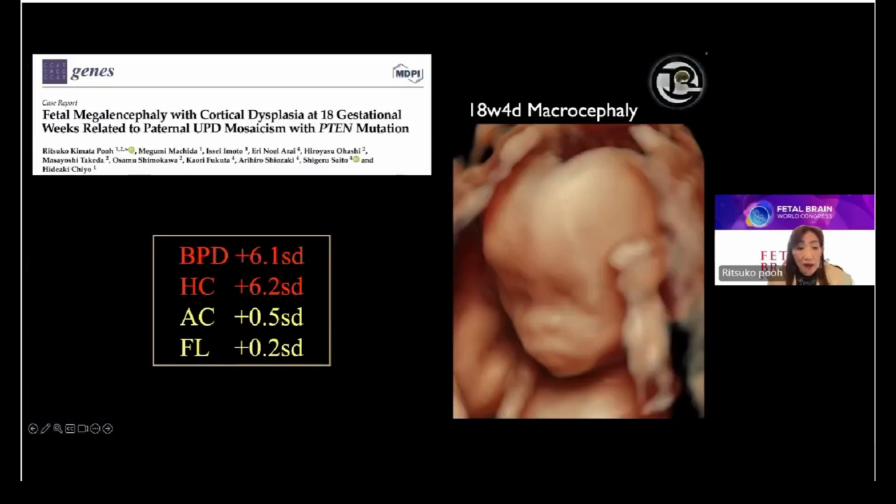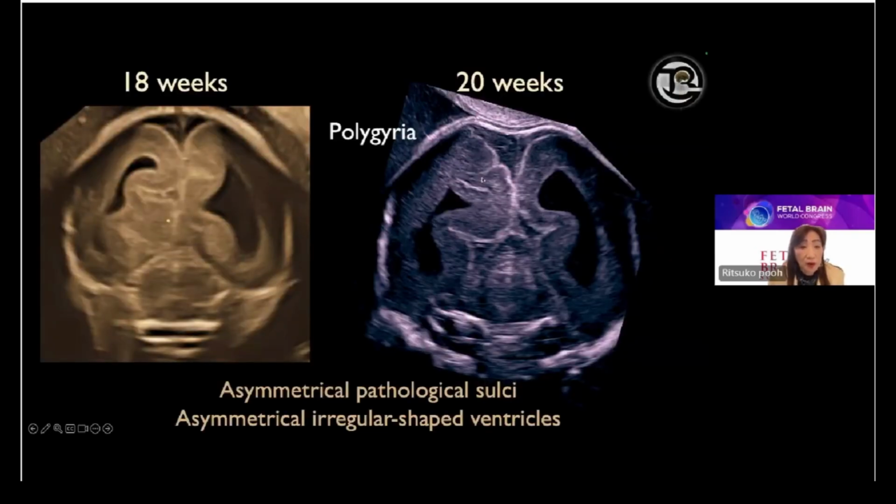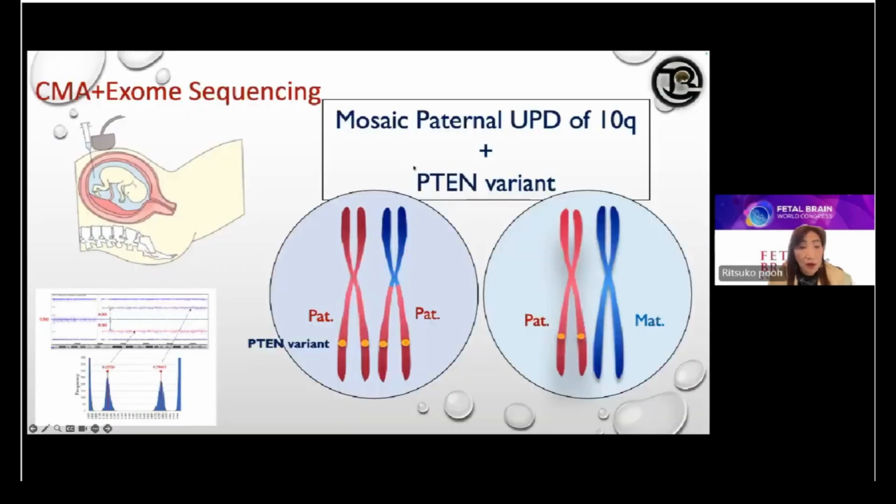This case was published many years ago. It shows a big head, macrocephaly, at 18 weeks of gestation. At 18 to 20 weeks, you can see much polymicrogyria, asymmetrical pathological sulci, and an irregularly shaped ventricle. The amniocentesis showed mosaic paternal UPD of 10q plus a PTEN variant, and PTEN is on 10q.